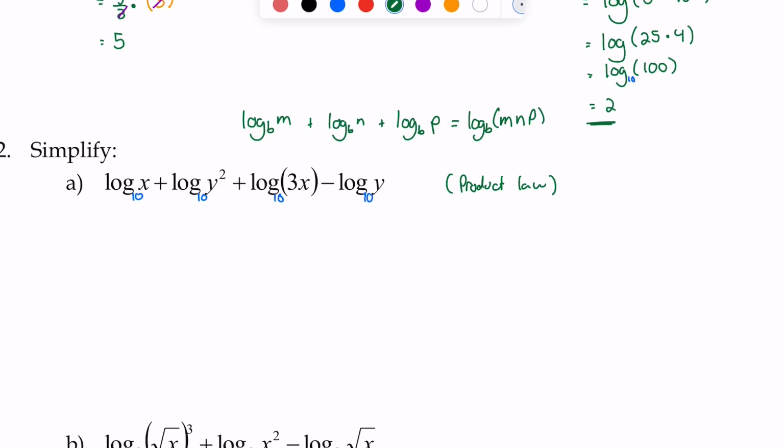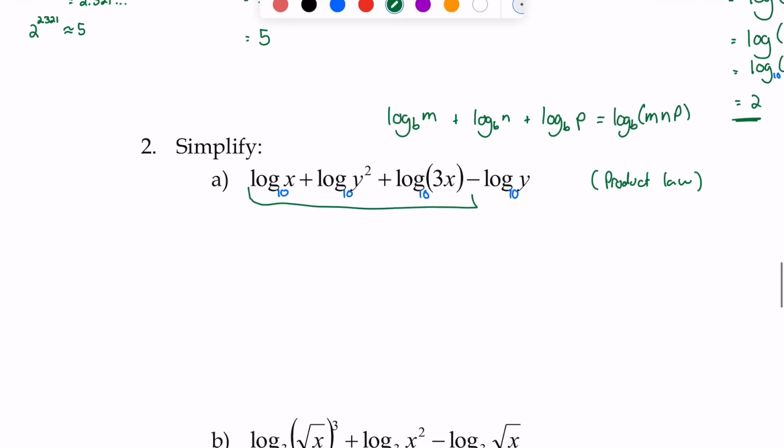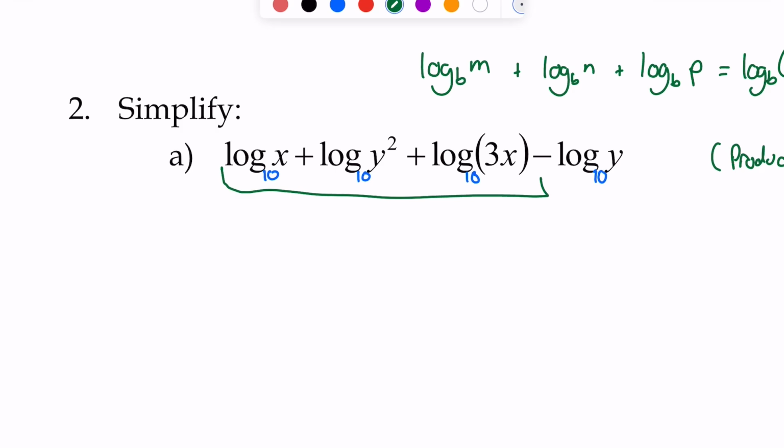I can just do them all in multiplication on the inside. So all of those first three terms I can treat as one big product law. So those first three will be log of x y squared times 3x.